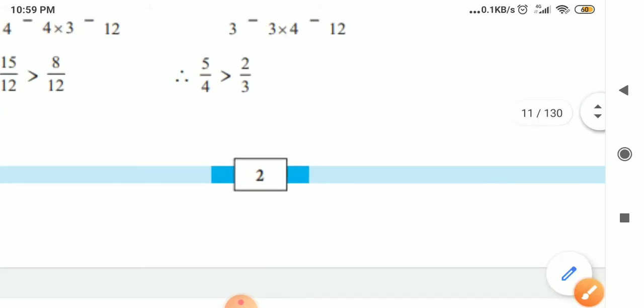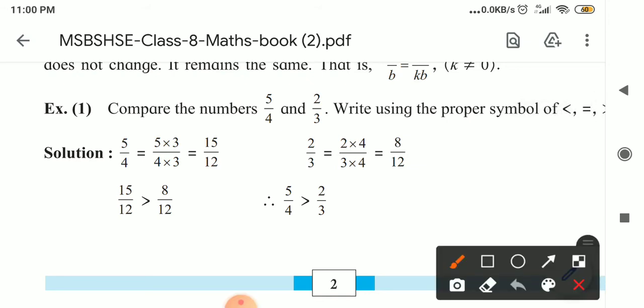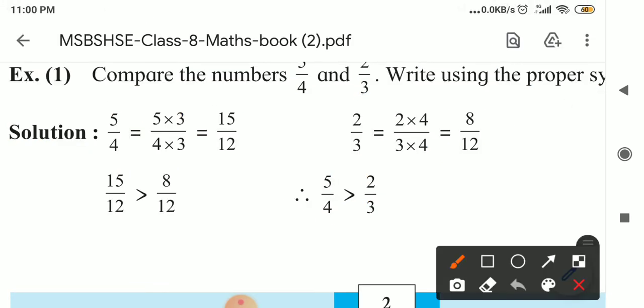In your textbook the steps are also given, you can just copy from here. Here also they made the denominators the same. For 4 and 3, we have to find the first common number in their tables, the LCM, and convert the denominators into that number. So the first common number is 12. To make it 12, in 5 upon 4 we multiply by 3, because 4 threes are 12.